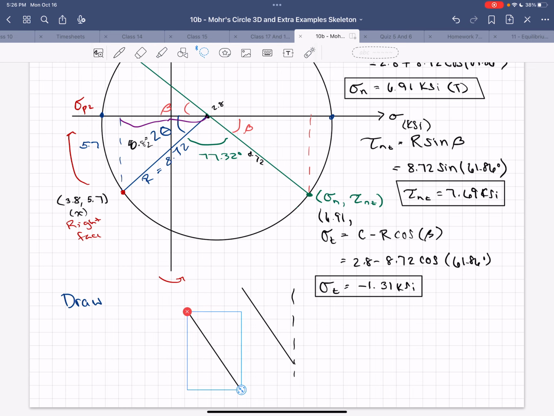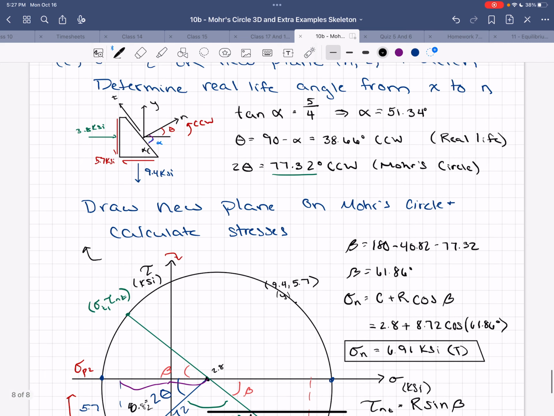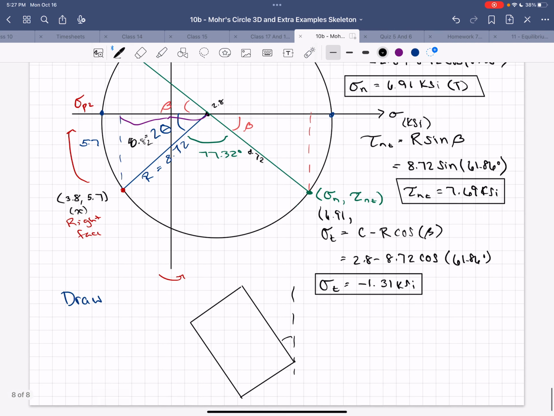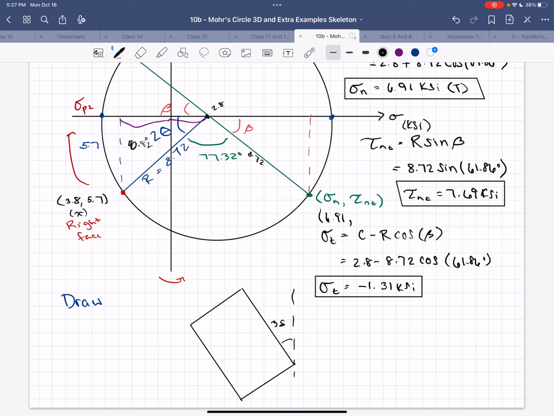Okay, so this would be something, is that right, or did it go down like this? It goes down like this, oh boy. Okay. And it's kind of a rectangle, but you get the point. And this angle is 38.66. Gotta remember to label that.